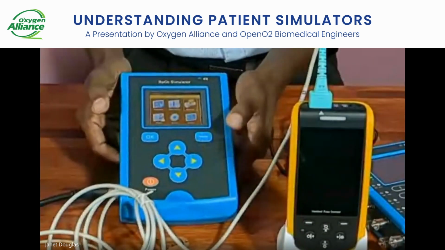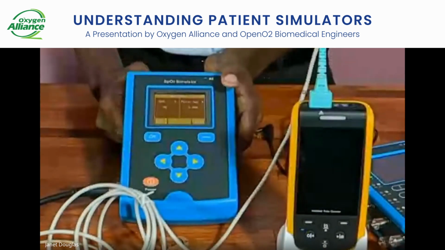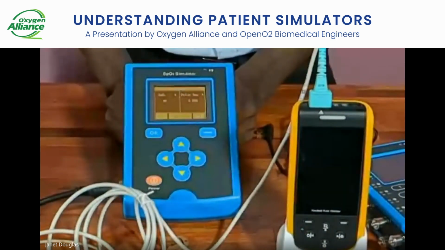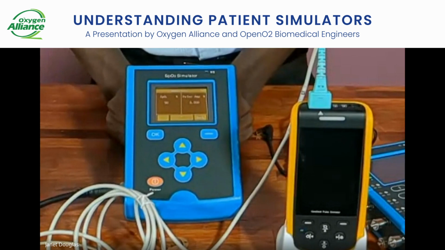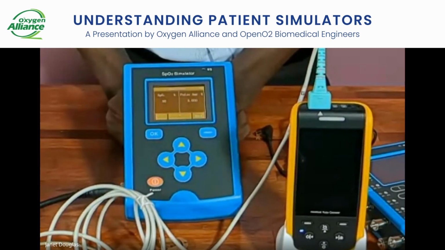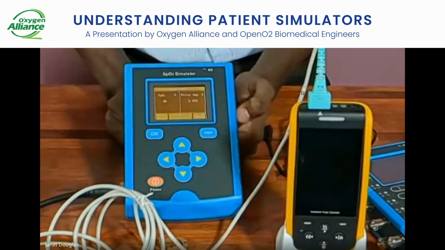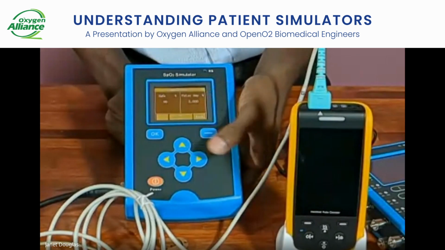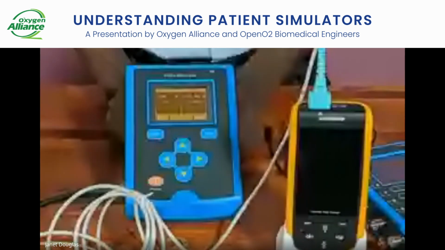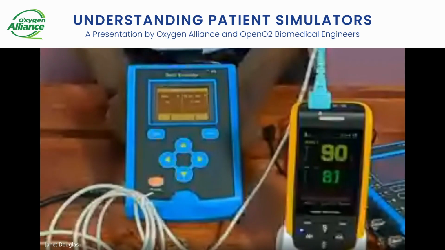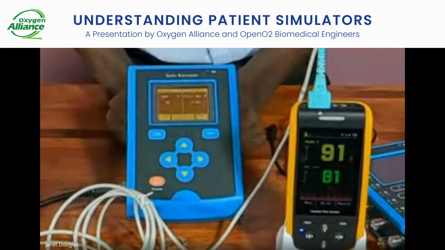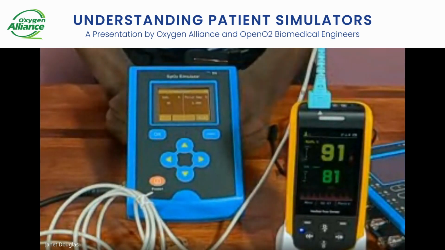I will go to the amplitude, where you simulate the strength of the signal that you are getting from the monitoring device. Right now it's set to 3, but you can increase or decrease it depending on what you're looking for when you're conducting the test. So it just helps you again to simulate the different conditions.